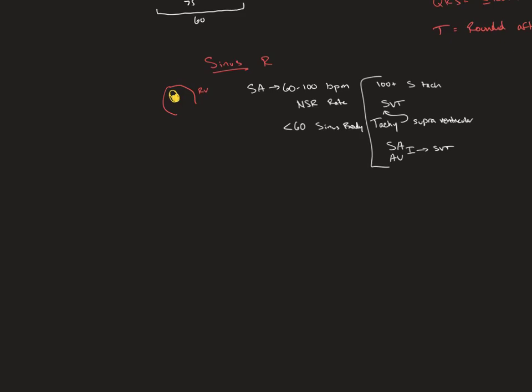So it's coming from the SA node. So this is what gives us this nice P wave.